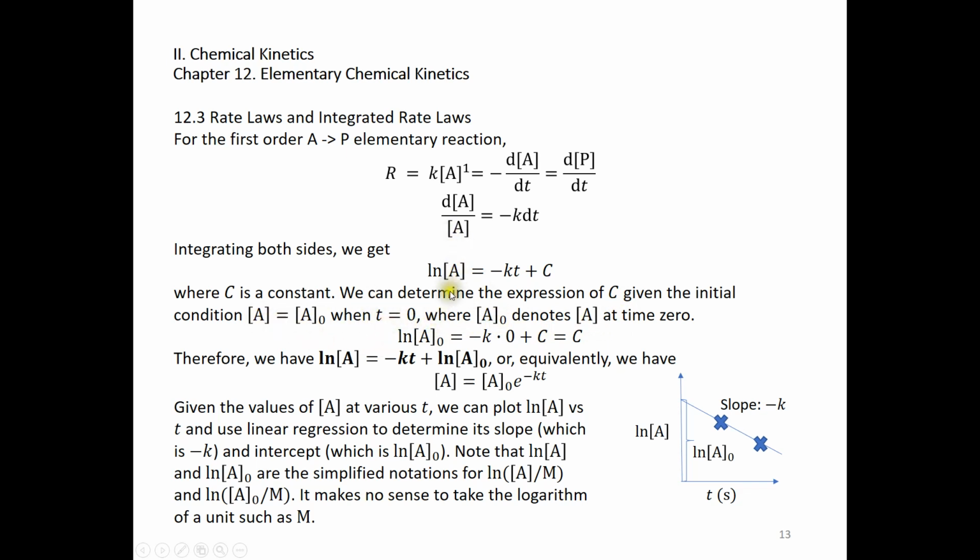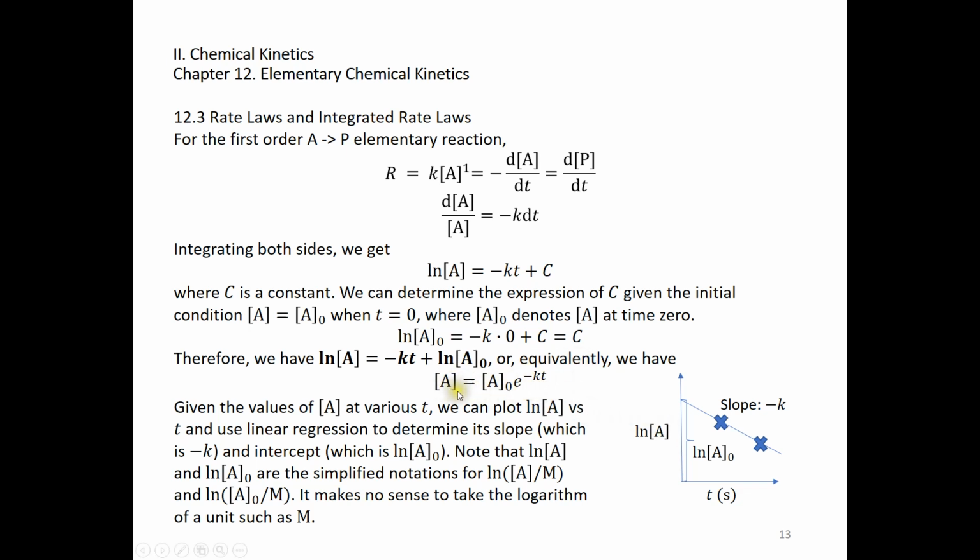We replace A with A naught and t with 0, and you can see this constant C in this equation is simply ln A naught. Therefore, ln A is negative kt plus ln A naught. Equivalently, A is A naught times an exponential function, e to the power of negative kt.